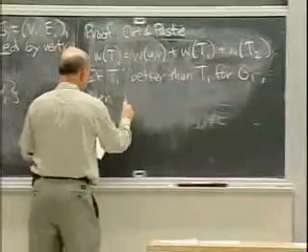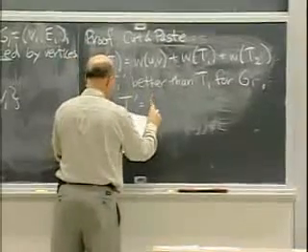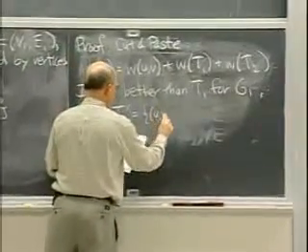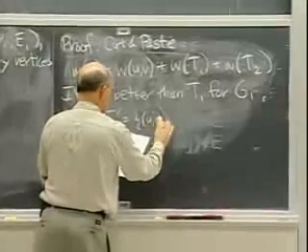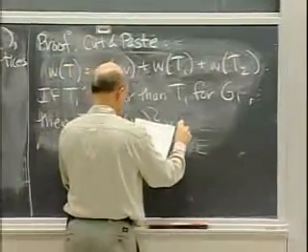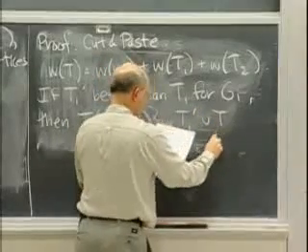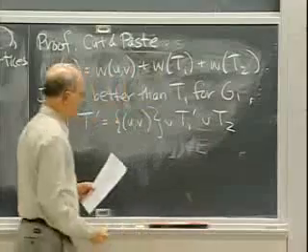Then I would make up a T prime, which would contain the edge UV and T1 prime union T2.